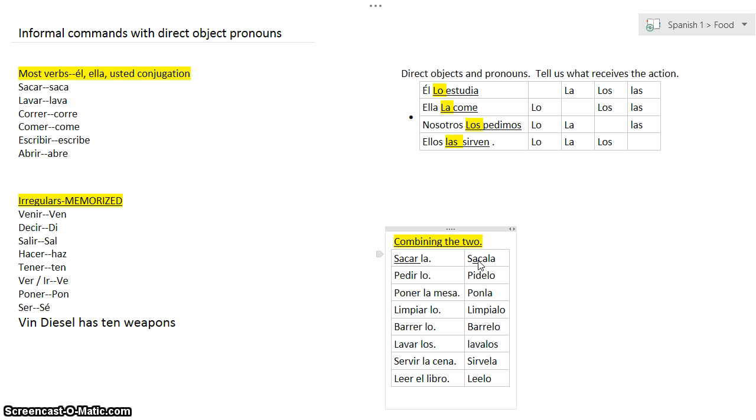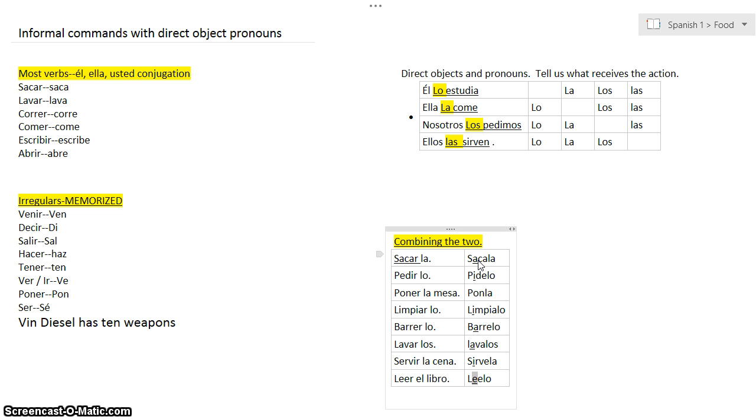Okay, the emphasis is right here on this I. Let's get down here to limpia. The emphasis is on this I. Barre, the emphasis is on the A. Lava on the A. Sirve on the I, and lee on the first E.